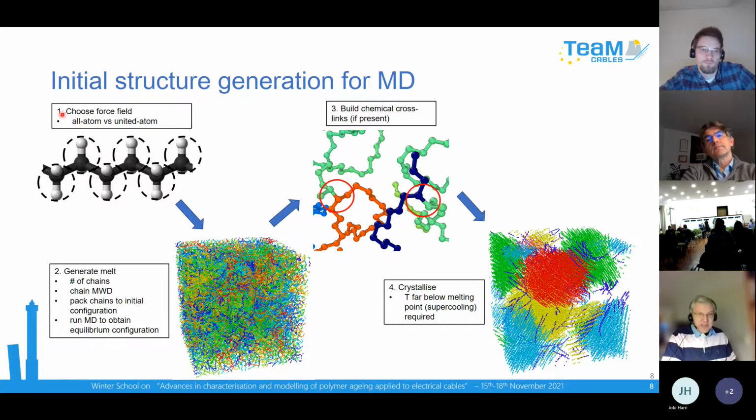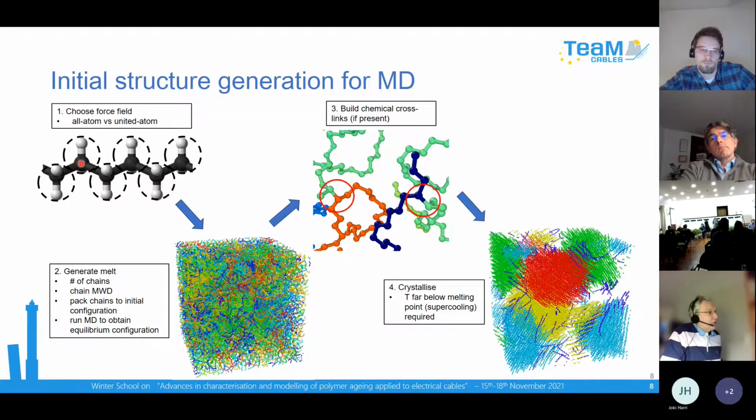In the first stage, this is where we put the atoms, we choose what kind of particles we use to describe the polymer. Do we explicitly include all carbons and all hydrogens into our molecules? Or do we make this coarse graining trick and we take one monomer out of the polymer and say that this is a particle, a united atom particle or a coarse grained particle or whatever. And that's what we did in this work.